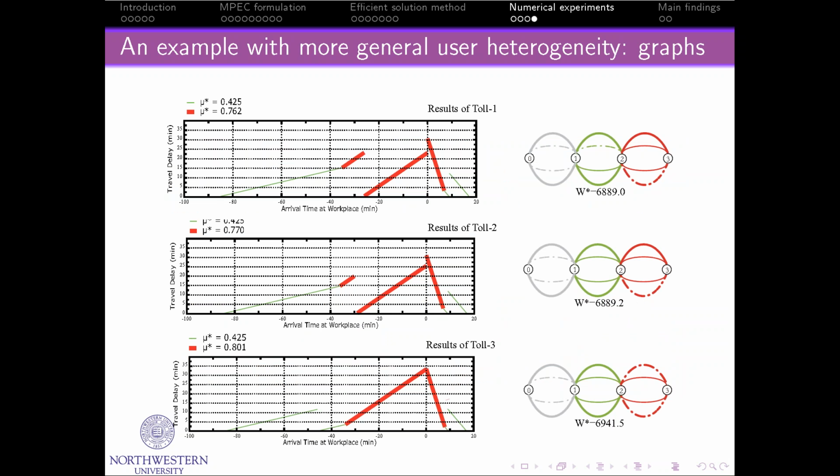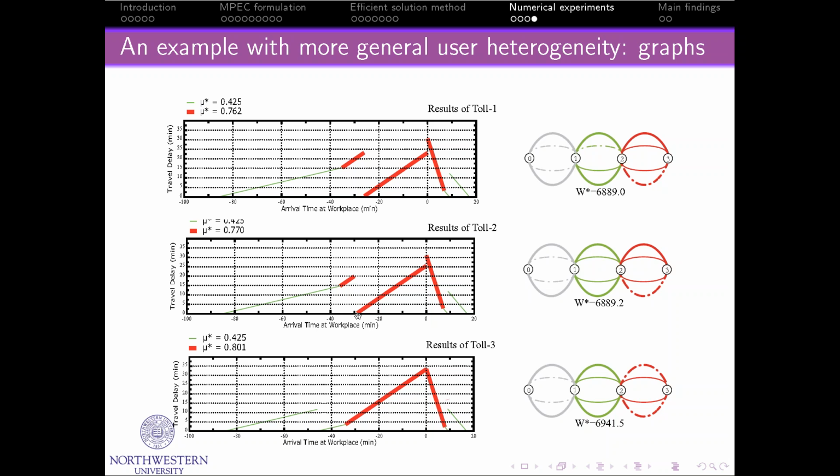So here are the visualized plots for those 3 toll schemes. We can see that from toll scheme 2 to toll scheme 1, the green class is ruled out of the early toll period.